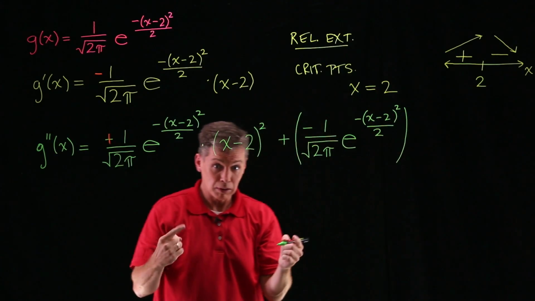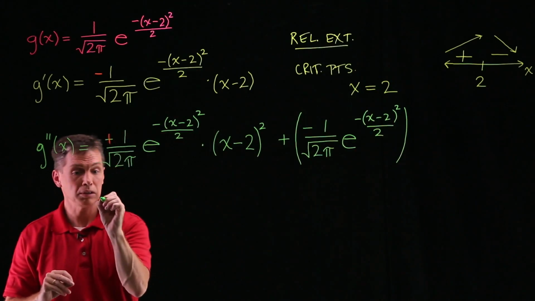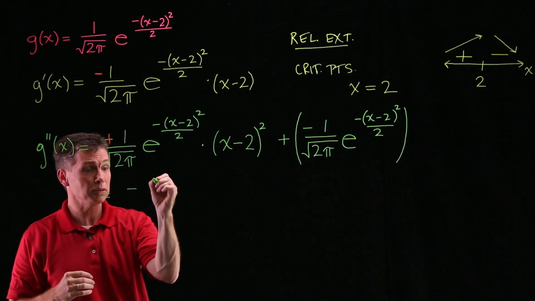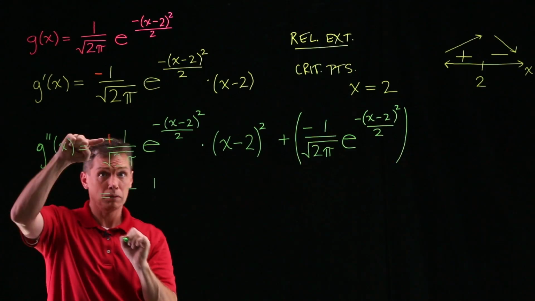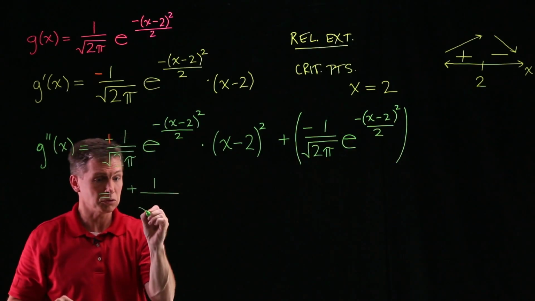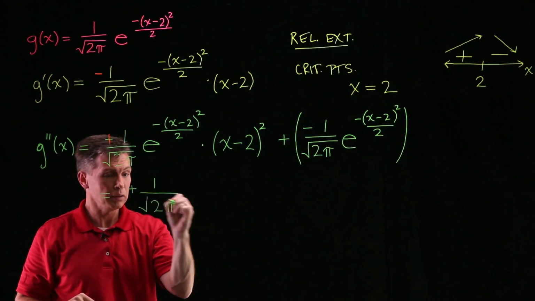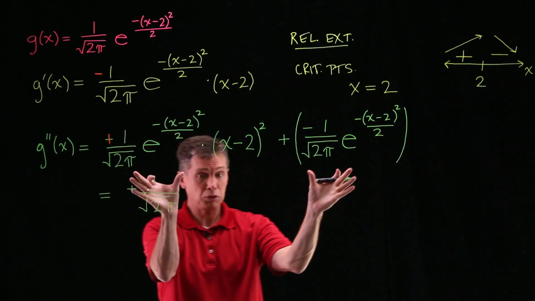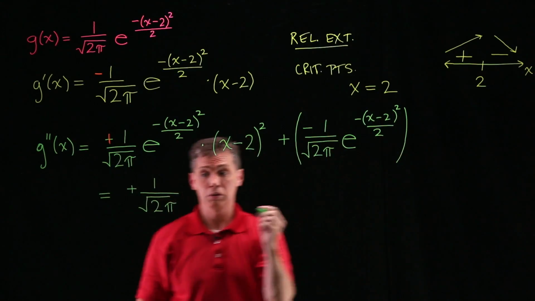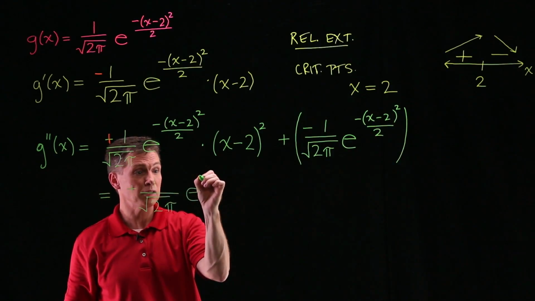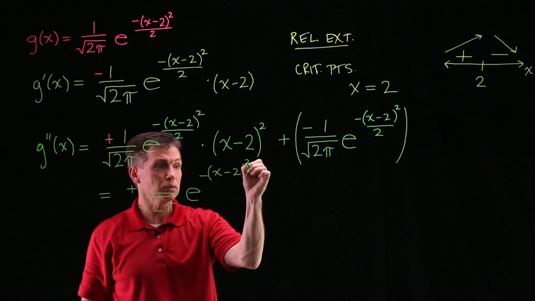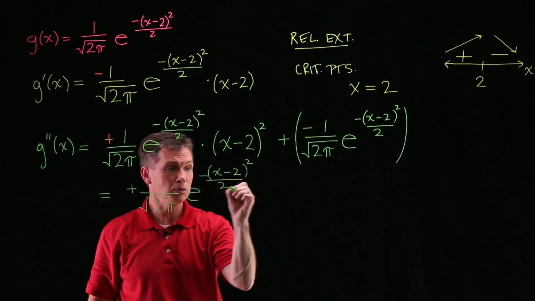So this looks like my second derivative, and I'm going to clean it up just a little bit here. If I look to see what I might be able to factor out, I'm going to factor out a minus 1. I forgot, that actually changed to a plus. Let's factor out the plus 1 over the square root of 2 pi. What I see as being the same between these two terms is that fraction that I just wrote, but then also this exponential expression. So e raised to that minus x minus 2 parentheses squared divided by 2.